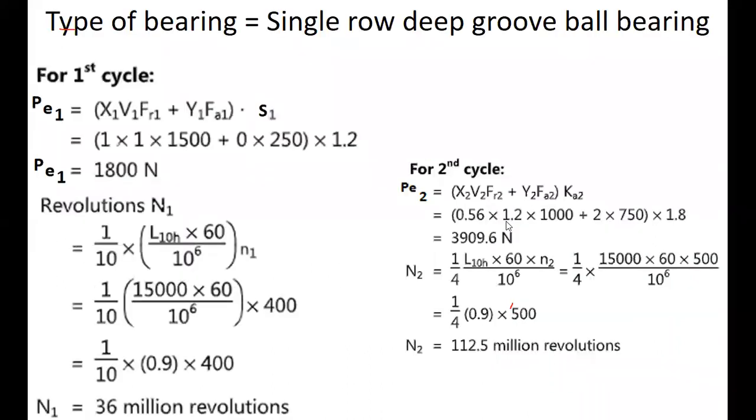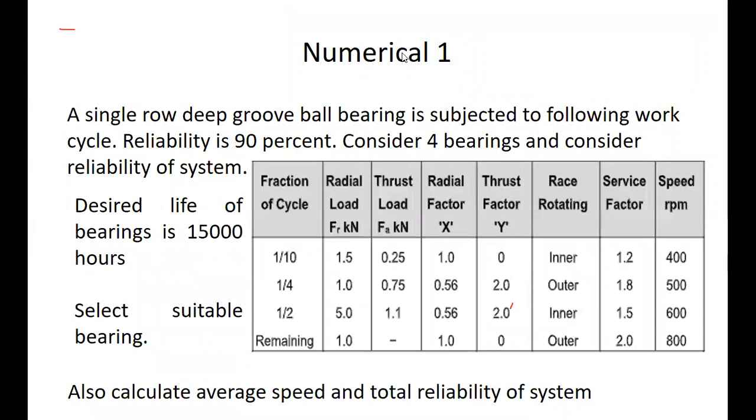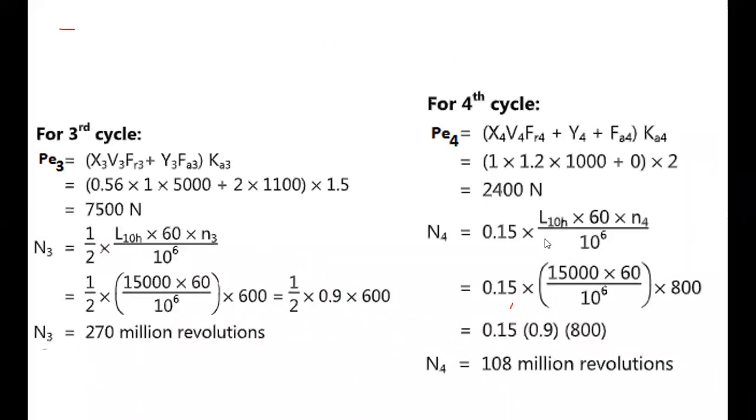We have come up to this as 1 minus 1/10 minus 1/4 minus 1/2. So this will be the remaining. This is how we have calculated, and hence our remaining turns out to be 0.15. 15,000 is already there, 60 is also standard, and 4 is 800 given. Answer is 108 million revolutions.